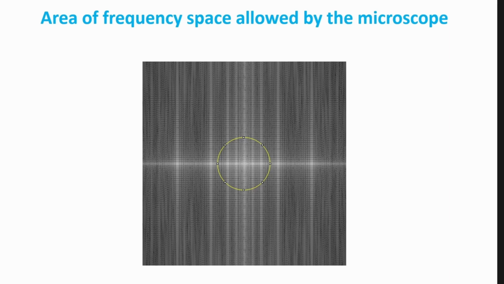And unfortunately, that's what the microscope does. It limits the spatial frequency that can get through the objective. This is the Fourier transform of the original image, and the yellow circle shows you what the lens will let through.